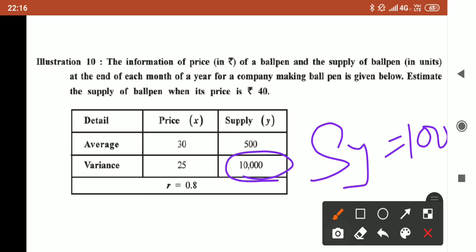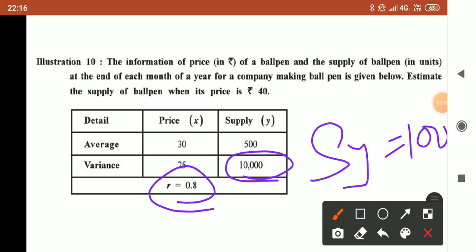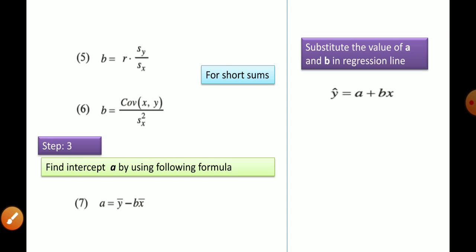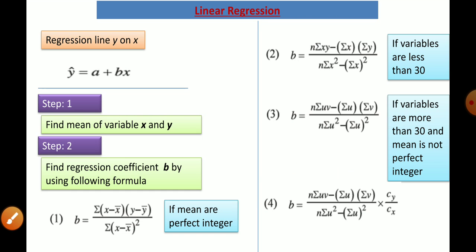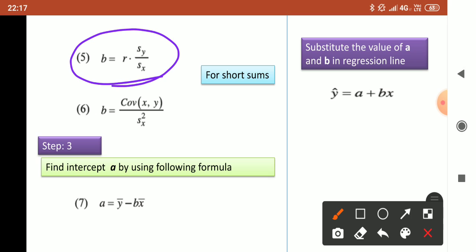Okay, r is given as 0.8. So we will solve this sum with the help of this short sum formula, because r is being provided, r into sy upon sx.